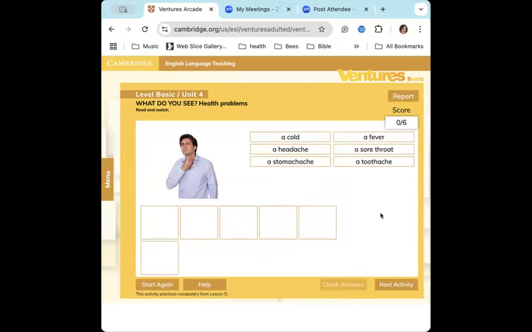Now, what do you see? Does he have a cold, a fever, a headache, a sore throat, a stomach ache, a toothache? Which one does he have? I think he has a sore throat because he has his hand on his throat. Okay.